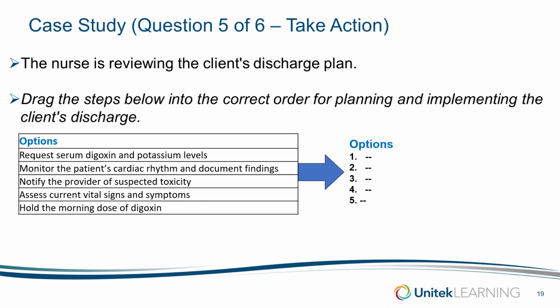In question five of our case study, the nurse is reviewing the discharge plan. The nurse is asked to drag the steps below into correct order for planning and implementing the client's discharge.